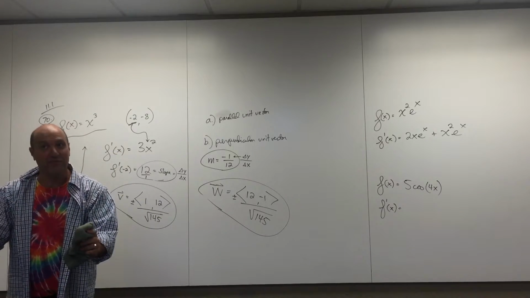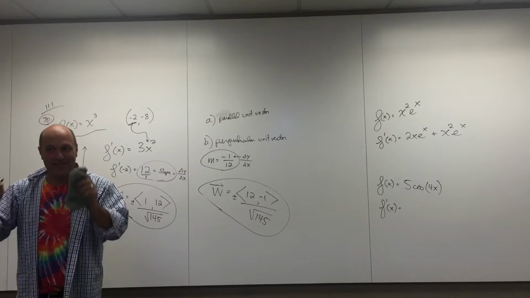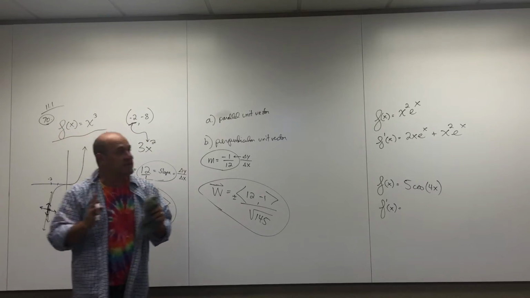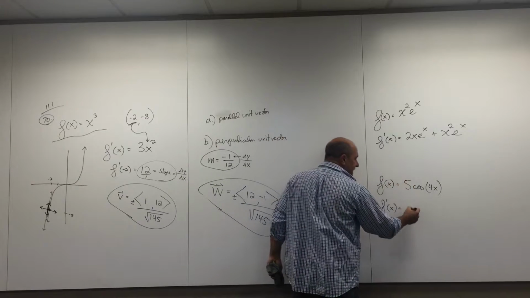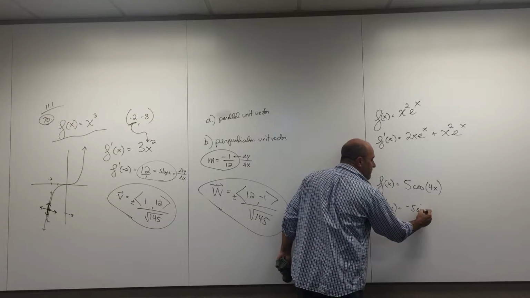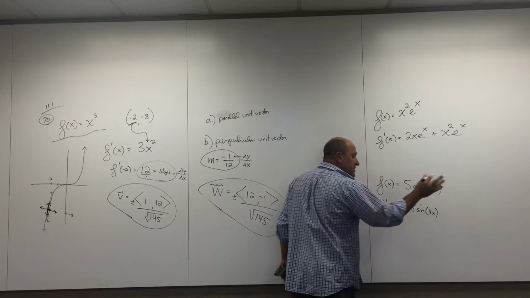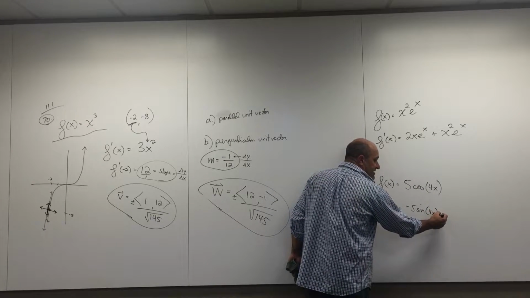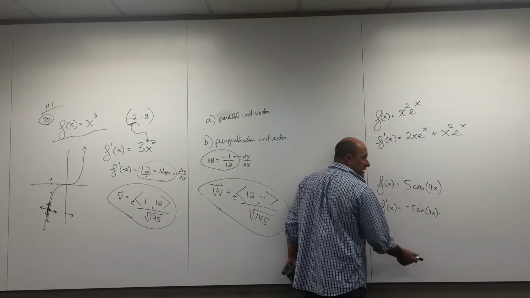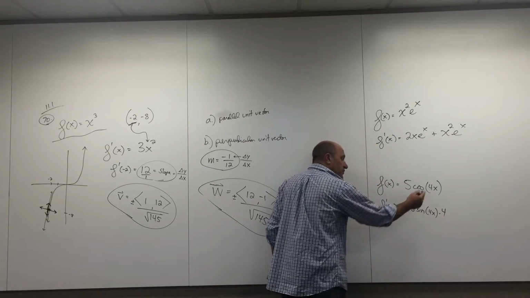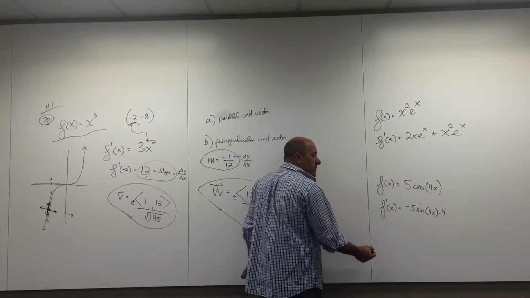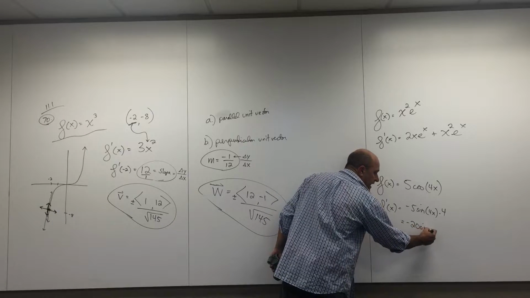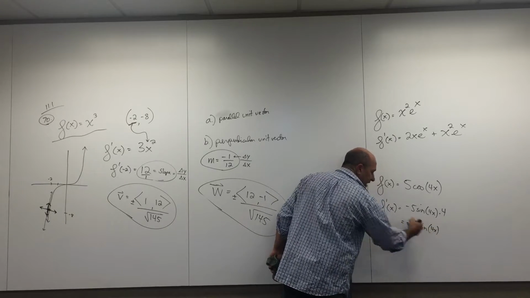The derivative of cosine is negative sine, so it would be -5 sine 4x, and then the chain rule says you do the derivative of the inside and multiply it on at the end, and that would be a 4. So you could call that -20 sine 4x, right?